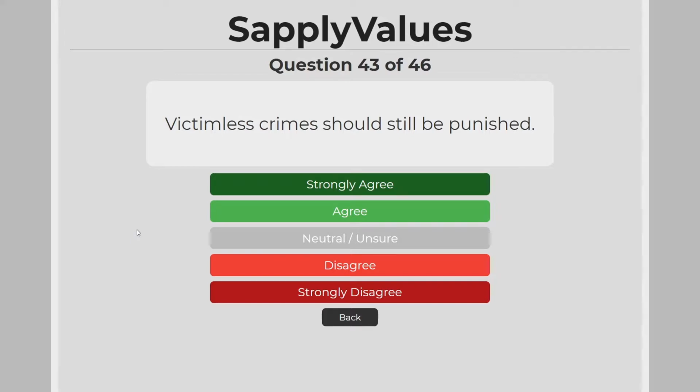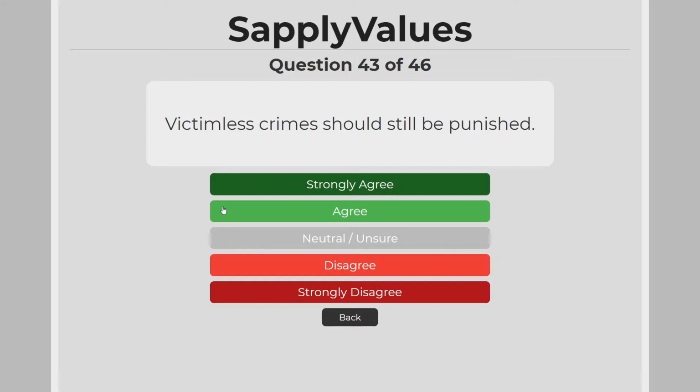But there are other victimless crimes that probably should be punished, like trespassing. I know that's a victimless crime, but I still think that should be punished. That's if you knowingly trespass, by the way. If you accidentally trespass, I don't think that should be punished. But if you're knowingly trespassing on someone's land, then I think that should be punished. So, victimless crimes should still be punished.